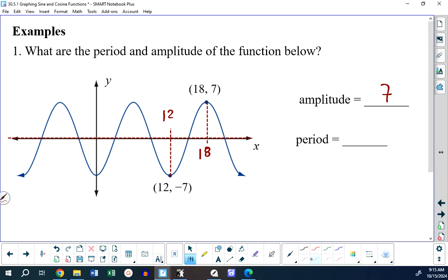This distance horizontally, or this curve, if you like, this up, up, this up, up, is only half of the period. So if it's 6 from the minimum to the next maximum, the period must be 12. Pretty basic question. We're going to come back to that a little later.